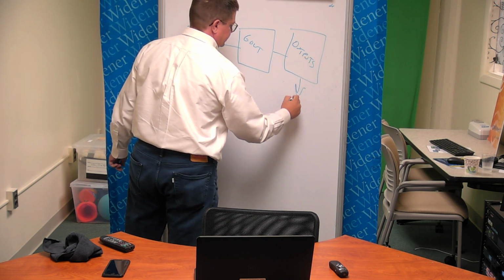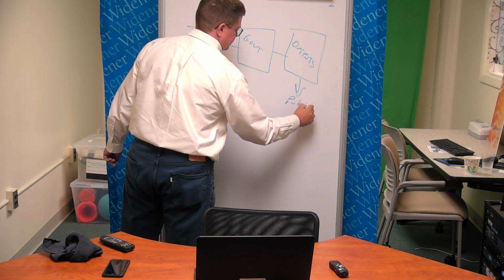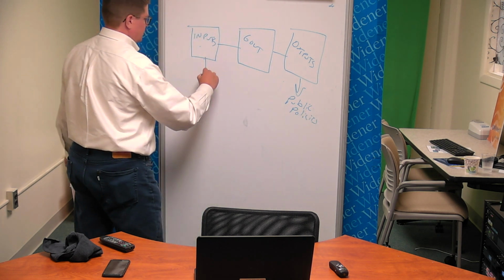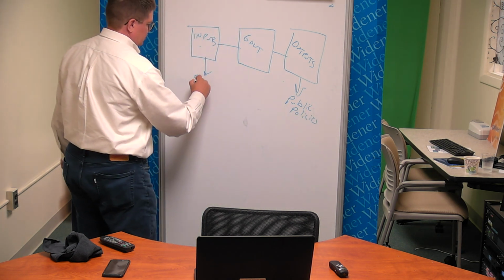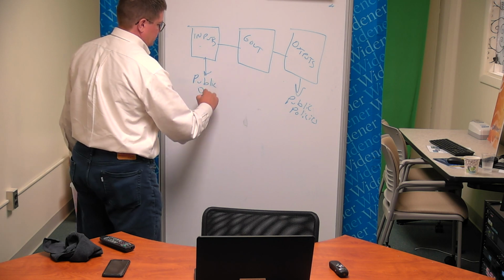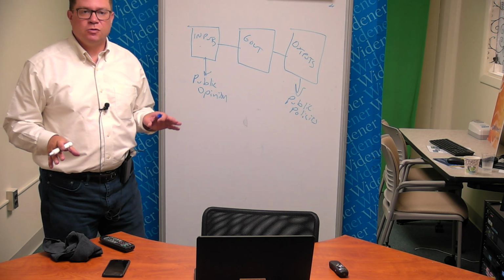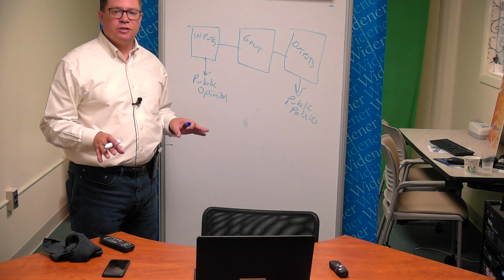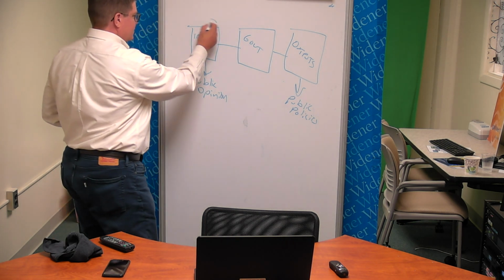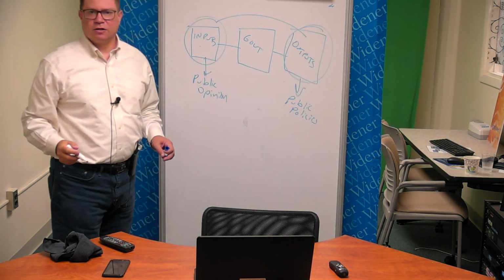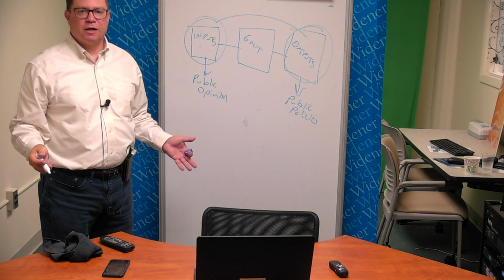And these are essentially public policies. So when we talk about the political systems theorists, essentially what they're interested in is taking the inputs and making sure that it corresponds to the outputs over here in a properly functioning democracy.